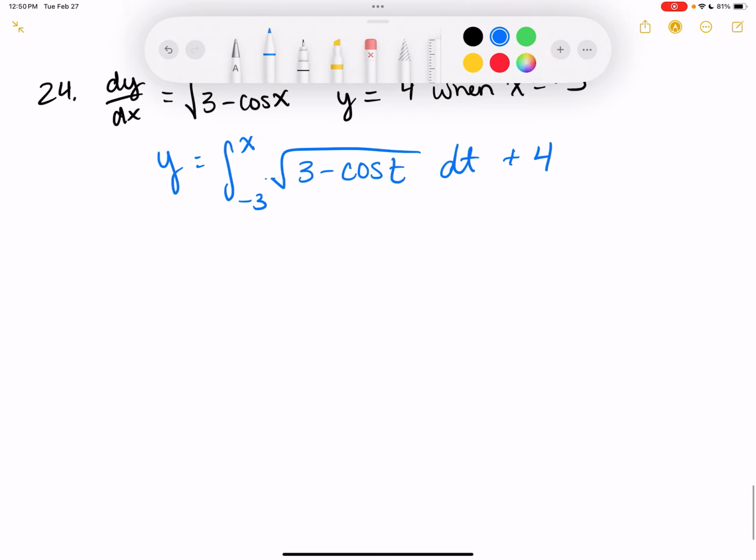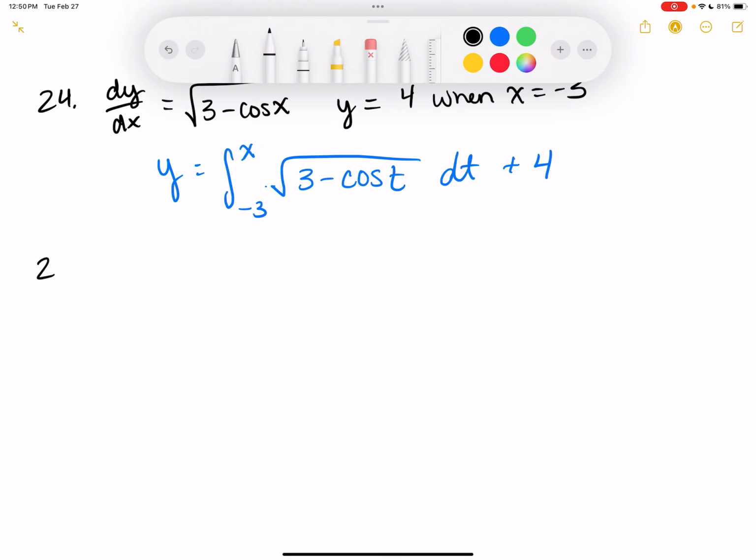Okay, so 28, we've got the integral from 2 to negative 1 of 3 to the x dx. Do y'all remember what the antiderivative of this would be?